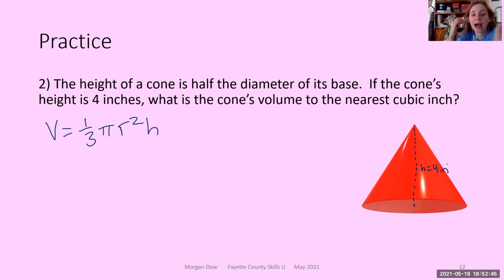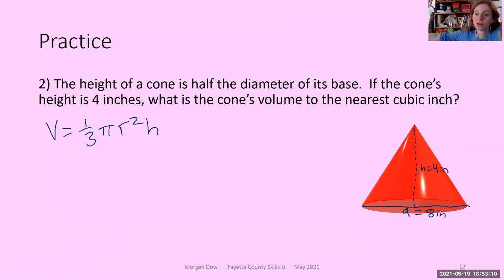So if the height is 4 inches, that is half of what? 4 is half of 8. So that means that this circle all the way across, the diameter, is 8 inches.